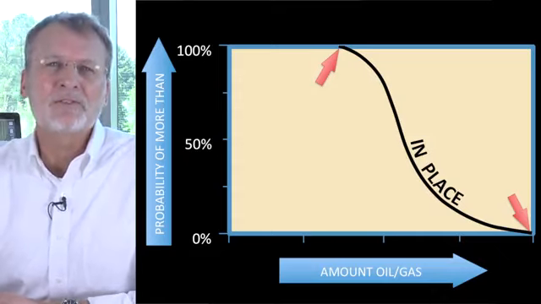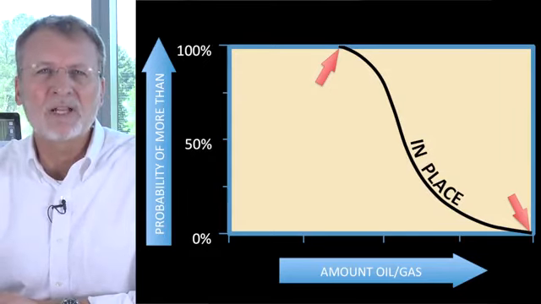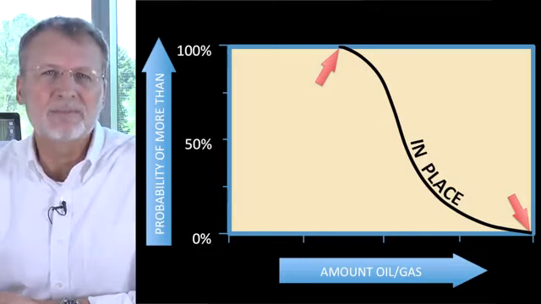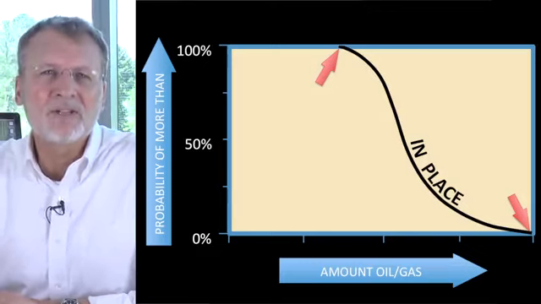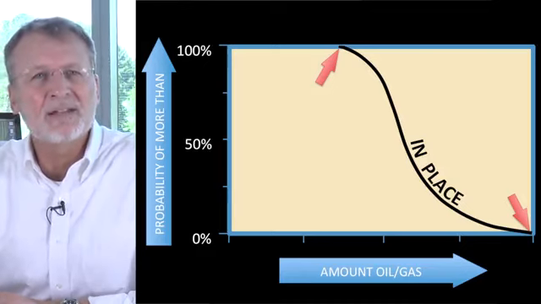Between these 2 points, the curve descends across increasing amounts of oil and/or gas that are ever more unlikely to exist beneath the leases. Note that the in-place resource curve does not distinguish oil and/or gas that can actually be gotten out of the ground using existing technology from oil and gas that cannot currently be extracted.